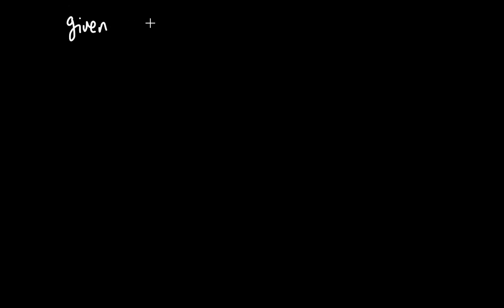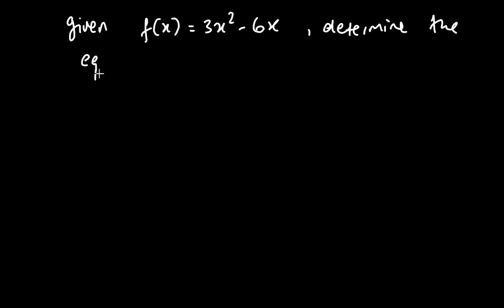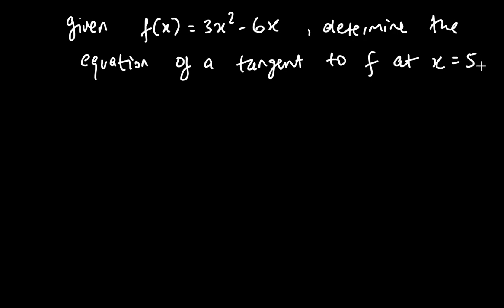Given that f of x is equal to 3x squared minus 6x, determine the equation of a tangent to f at x is equal to 5. Okay, now you can pause the video, give it a shot, and then we'll look at it afterwards.